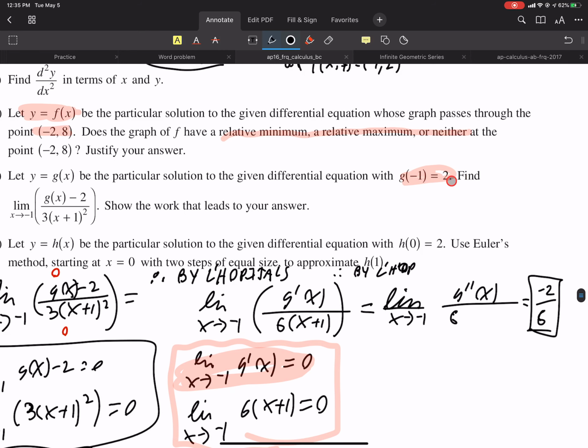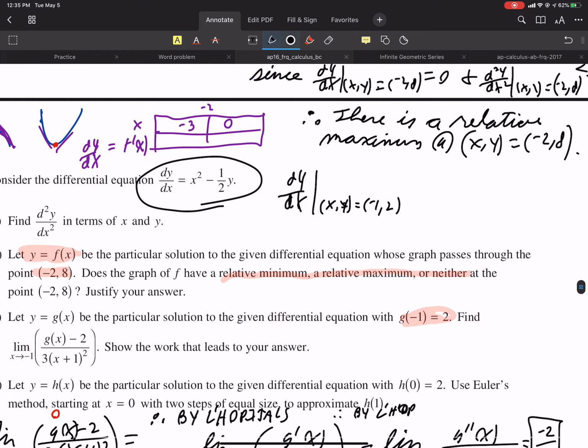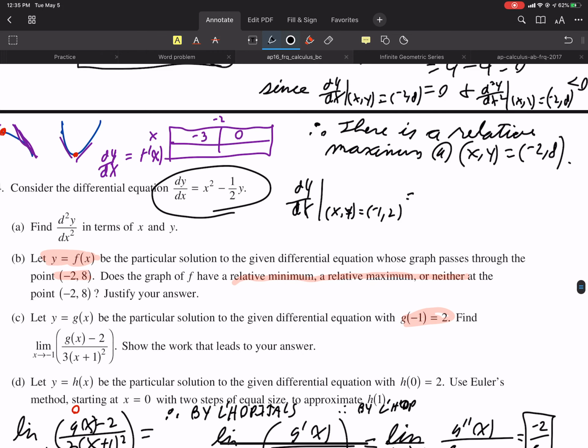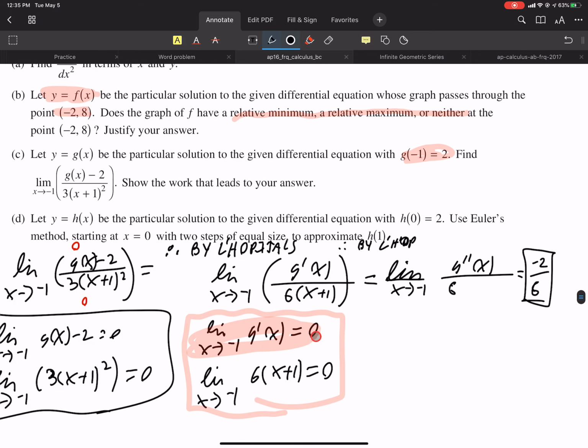If you plug that into dy dx, did we do this already? No, it was a different point, I think. Yeah. -1 squared minus 1/2 times 2, and that's going to be 1 minus 1, which is 0. Okay, that's where that comes from.